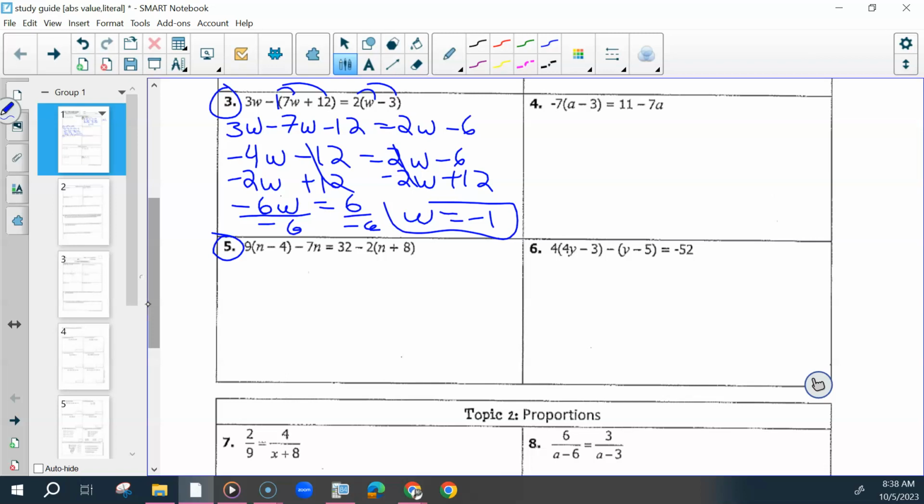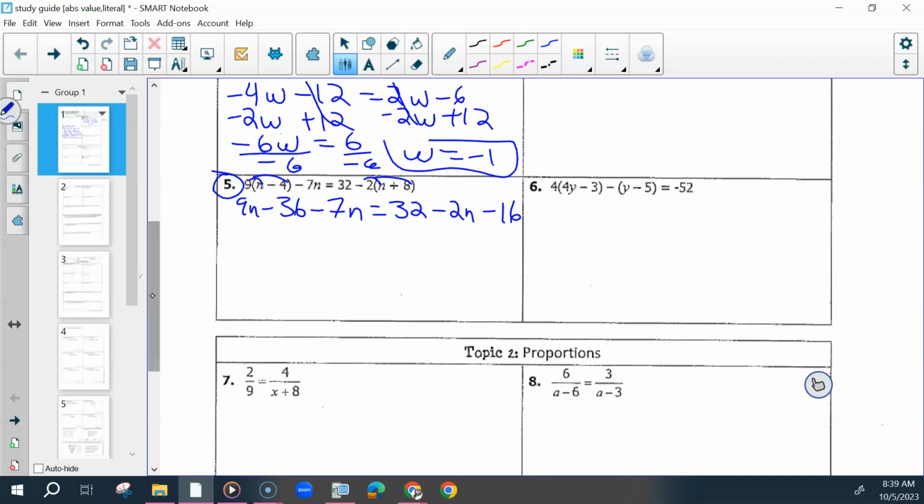5, we have more distributing. 9n minus 36 minus 7n equals 32 minus 2n minus 16. A lot of subtraction in there. When you have multiple negatives, double check your math, make sure it's supposed to be a negative, not a positive. Combine your like terms on the same side.